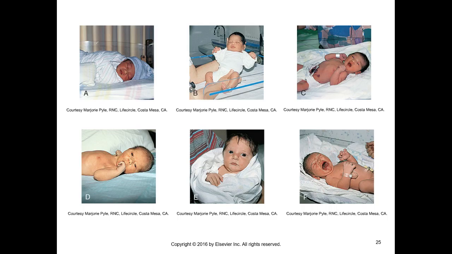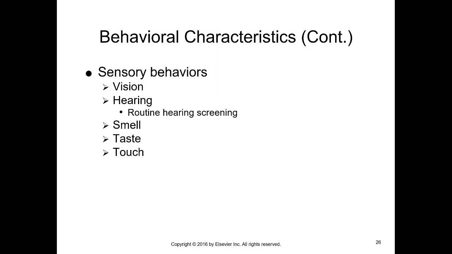So more behavioral characteristics, the sensory behaviors, the vision. Babies can see 8 to 12 inches away, and of course as the baby gets older they can see further away, but at birth they can see 8 to 12 inches. They prefer faces. They prefer black and white over color because they can't see color till they're about 3 months old.